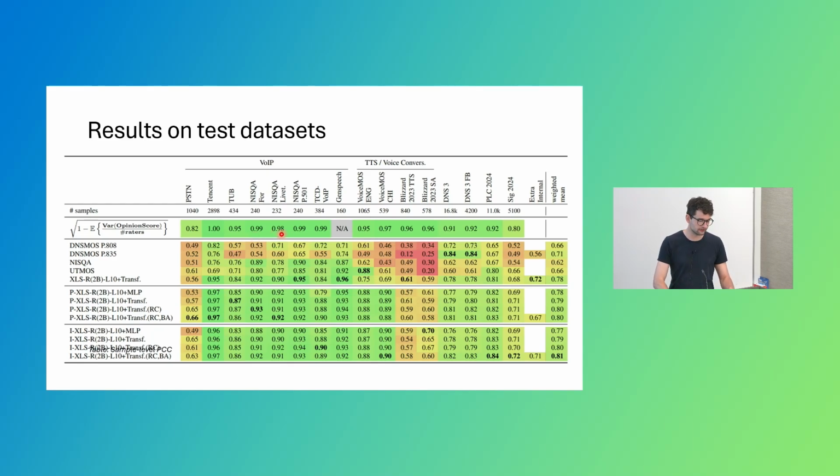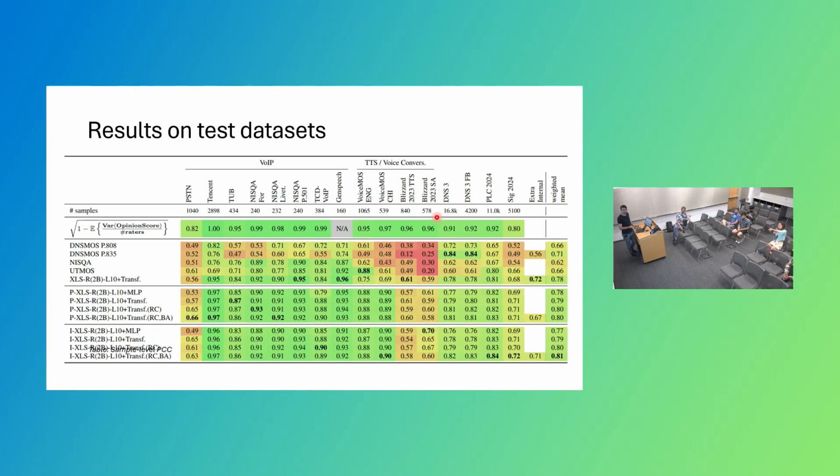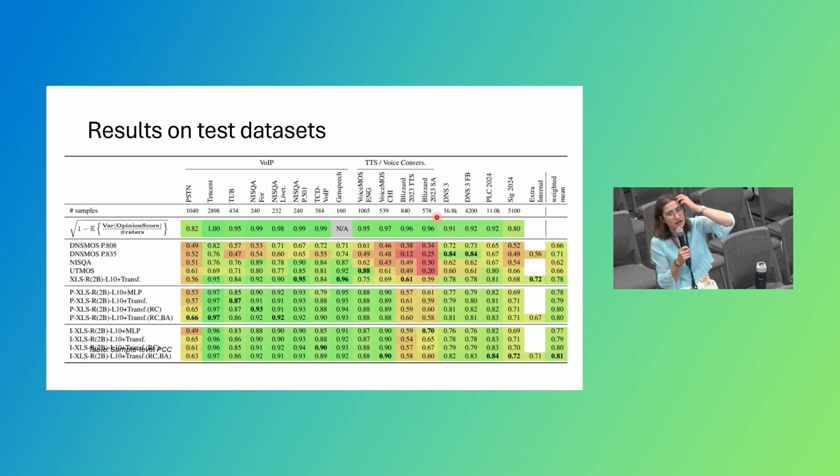There are some data sets where it's already quite close, but on most of them, I think there's still some room for improvement, even with some variance across opinion scores. So for this first data set, the PSTN, for example, the inter-rater agreement score is 0.82.